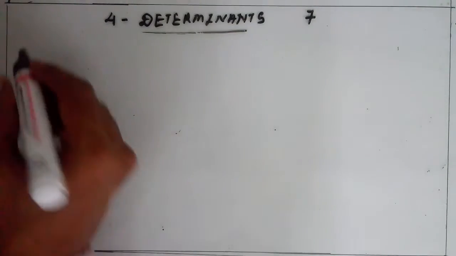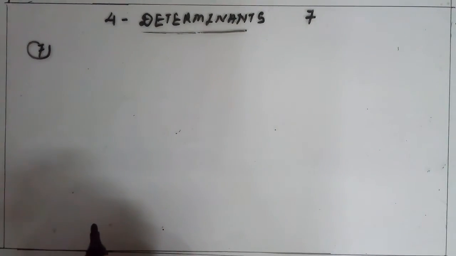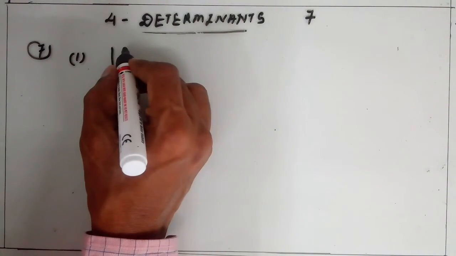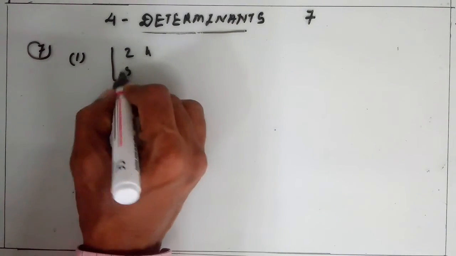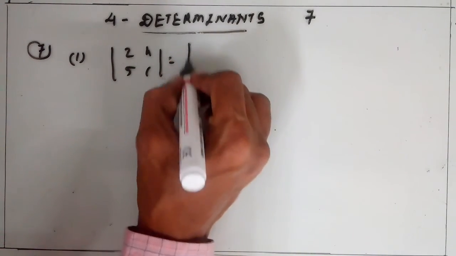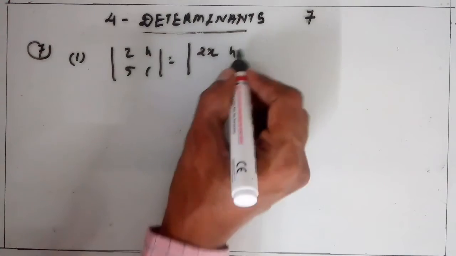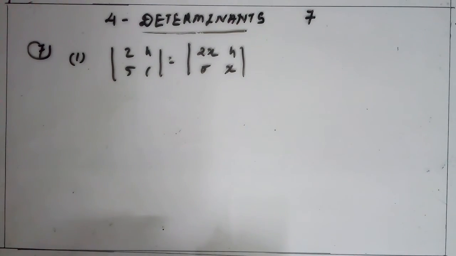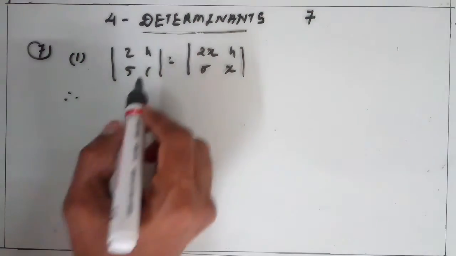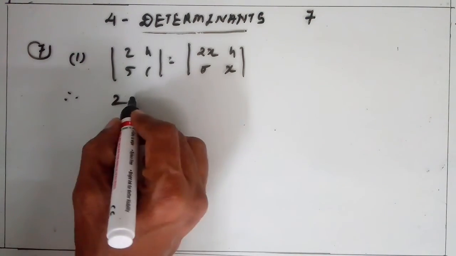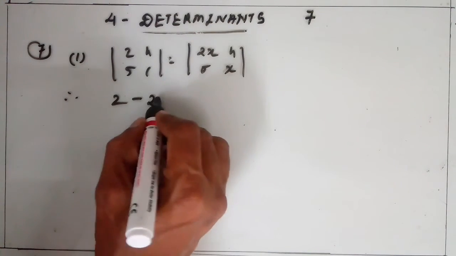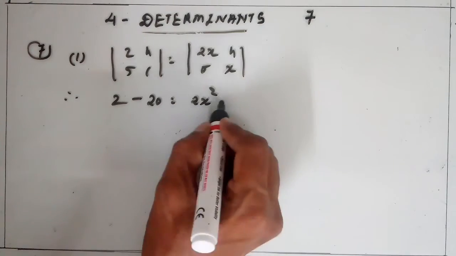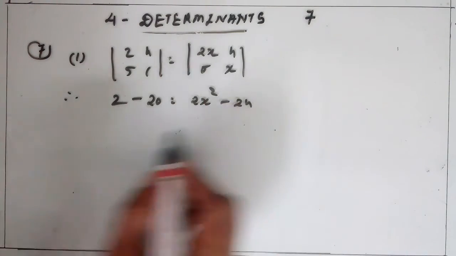Now question number 7. Find the value of x if determinant 2, 4, 5, 1 is equal to determinant 2x, 4, 6, x. First we get the value of both determinants. 2 into 1 is equal to 2, minus 5 into 4 becomes 20, is equal to 2x into x, which becomes 2x square, minus 6 into 4, 24. Clear?